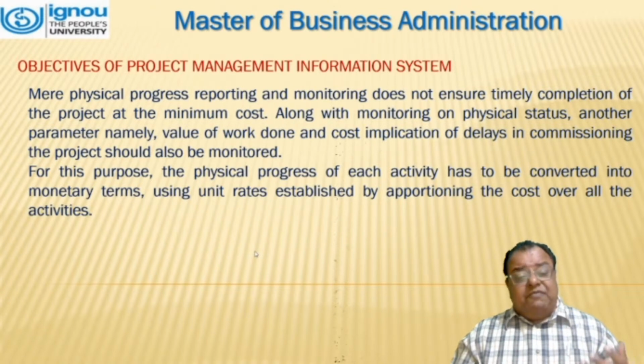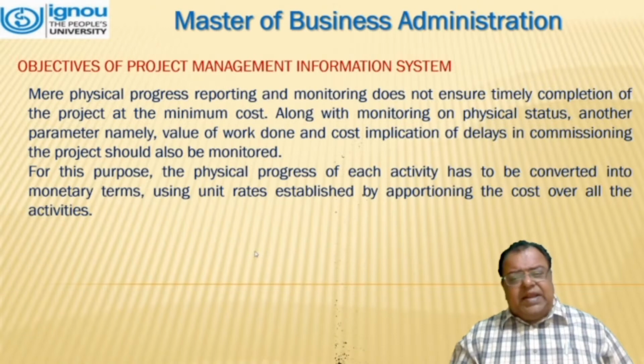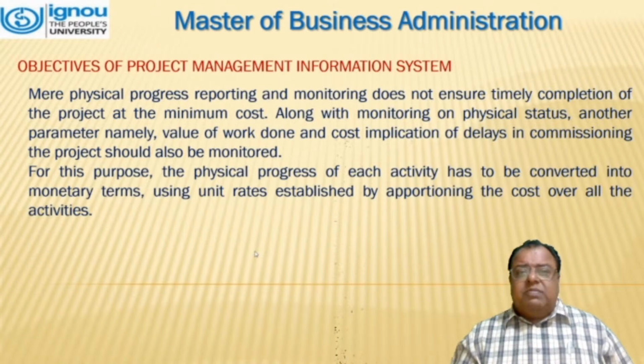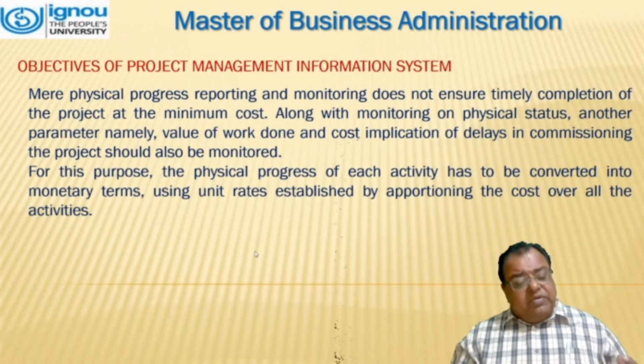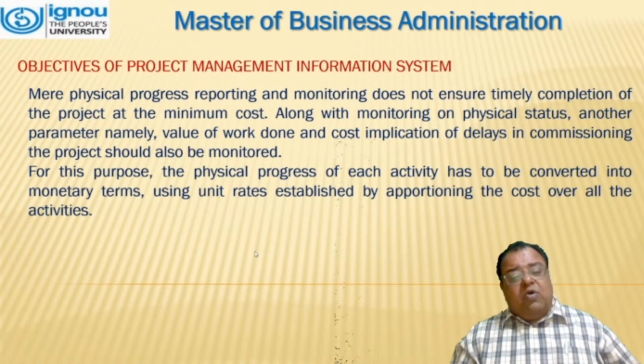Along with monitoring of physical status, other parameters, namely the value of the work done and the cost implication of delays in commissioning the project, should also be monitored. For this purpose, the physical progress of each activity has to be converted into monetary terms using unit rates established by apportioning the cost over all the activities.